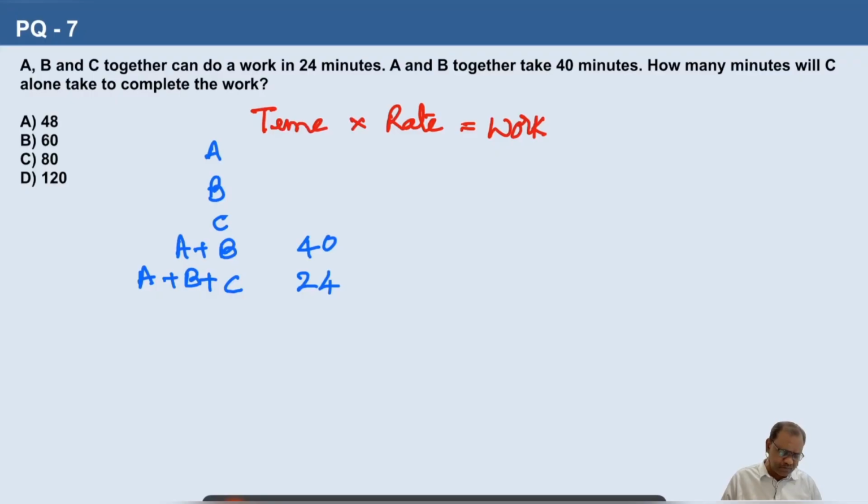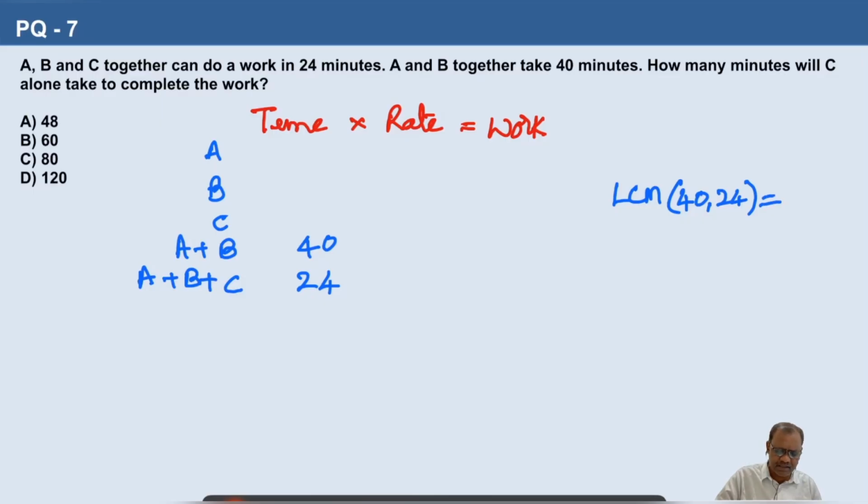So we don't know A alone or B alone or C alone. So LCM of 40 and 24. So 40, first multiple 40, second multiple is 80, third multiple is 120. 120 is divisible by 24.